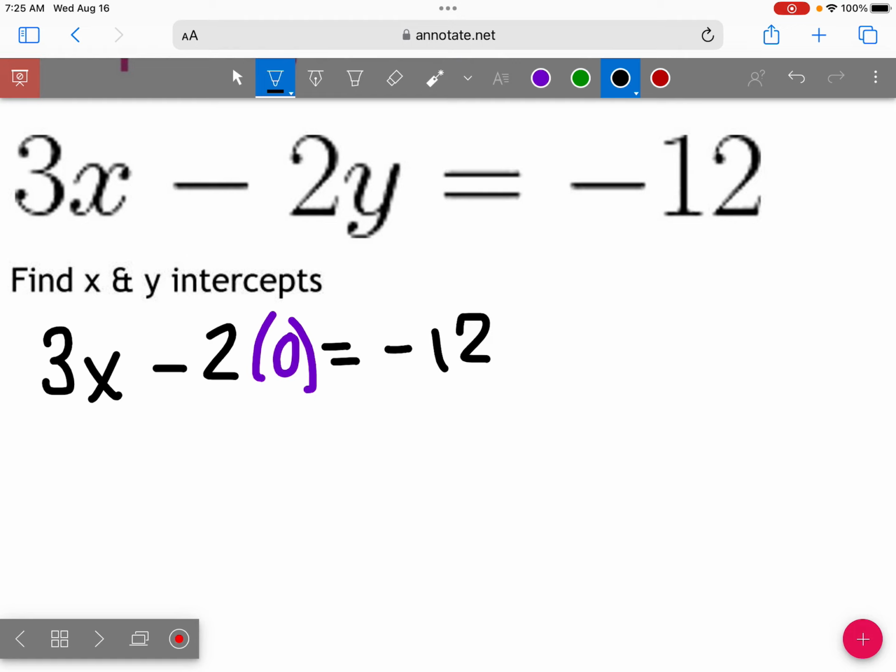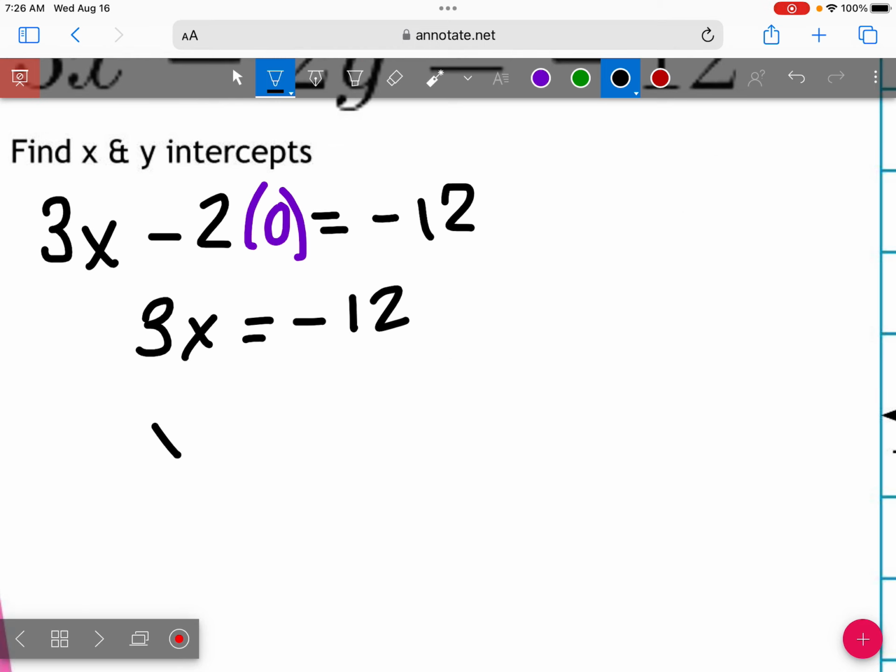So what we really get is 3x is negative 12. It's called the cover-up method. So it's substituting in 0, but it makes this term disappear. 3x equals negative 12. What does x equal? X is negative 4. So our x-intercept is at negative 4.